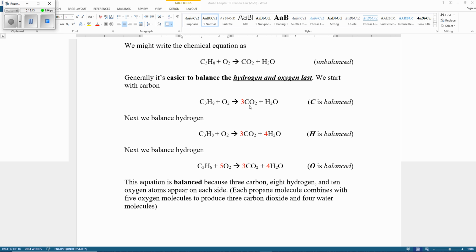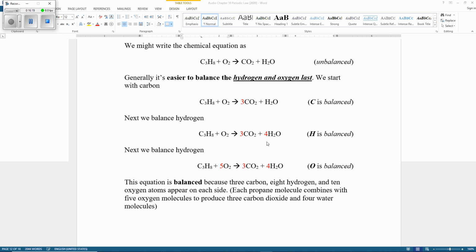This one has none, and this one has only two. Before you have eight, after two. So times four here. Now 4 times 2 gives you 8. So before and after, you now have the same: carbon, 3 on each side, and 8 hydrogen. This 8, and 2 times 4 gives 8.